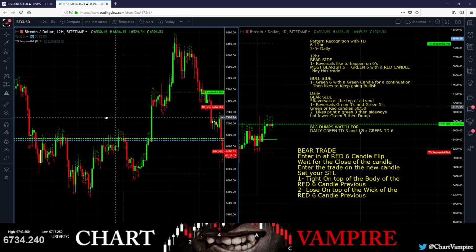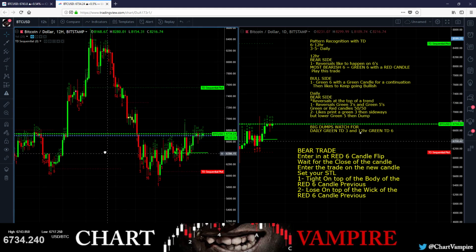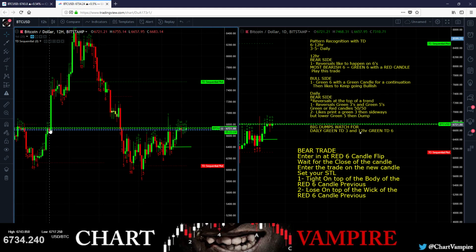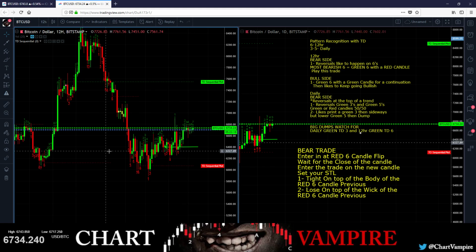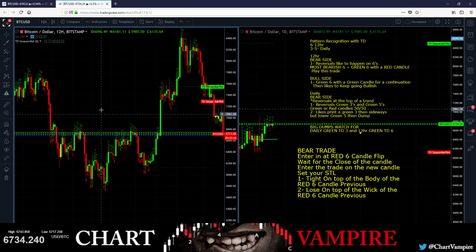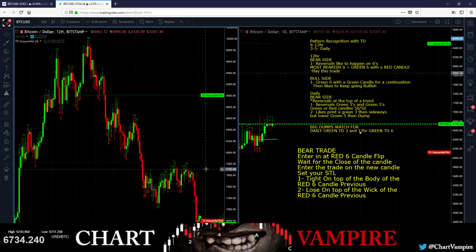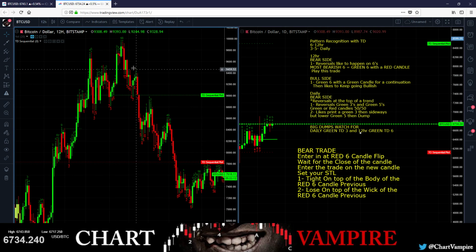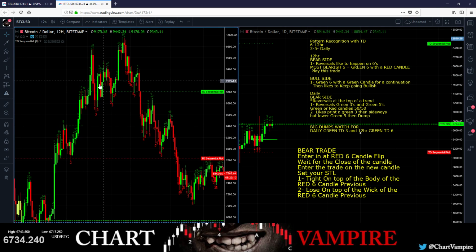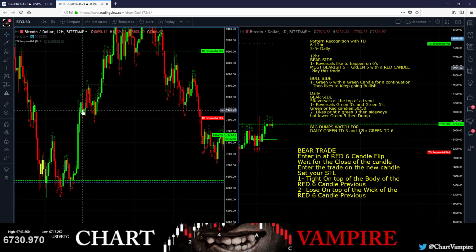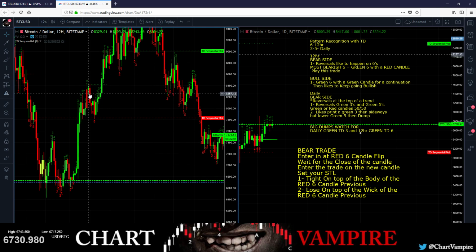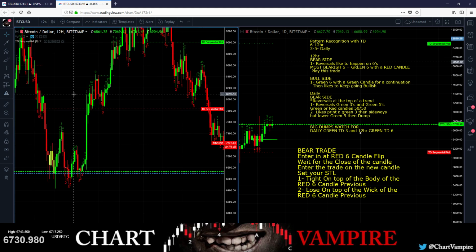So even when you print up this green 6, green 6 red kept going to a 9, just kept going. Green 6, red 6, green 6, kept going.